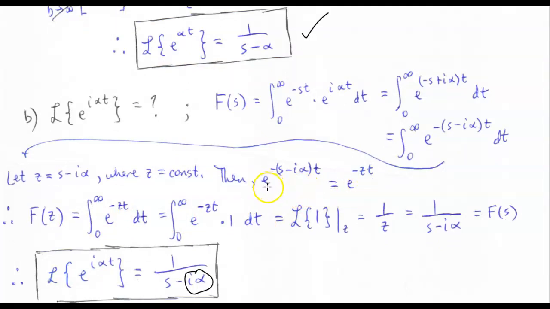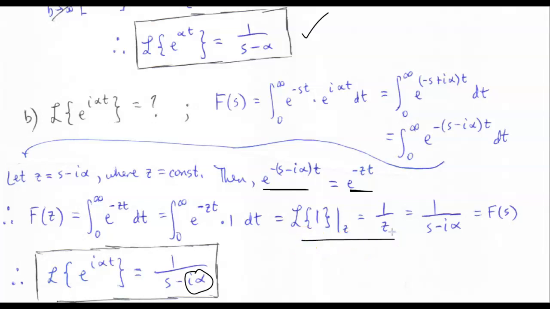So here I changed what the e raised to the minus (s minus i alpha), all that times t, looks like, to just make it look like this. And of course, this looks very similar to what I had up here. So I know that the Laplace transform of e raised to the negative z t is going to look very similar to the Laplace transform of 1, where my variable now, instead of s, is z. And that's where I got this from.